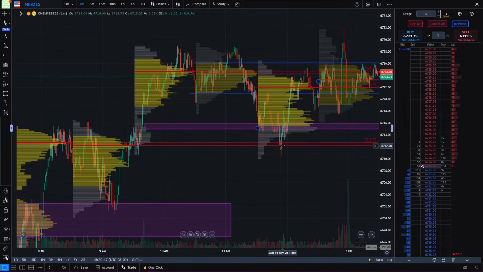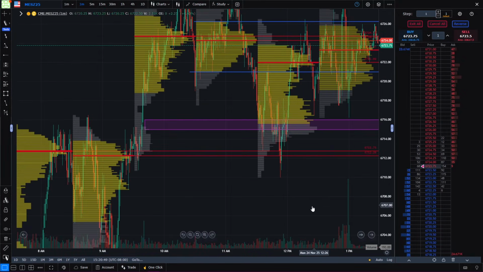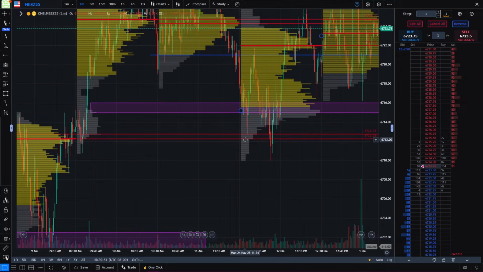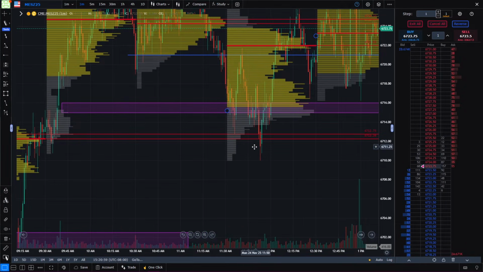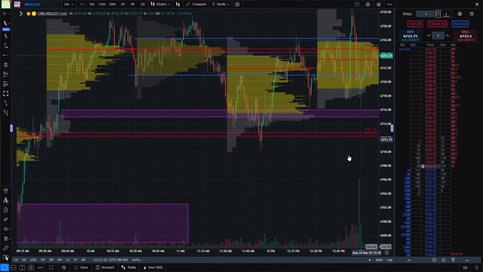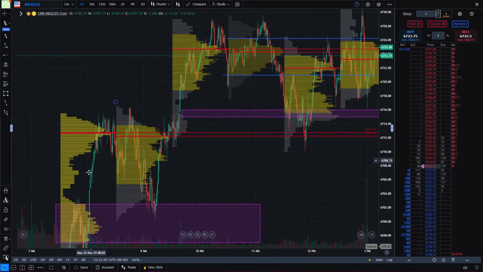Price came down to test it. And when it came down, there wasn't a lot of volume that was traded. So potentially that can tell you that this was rejection. It was short-term price discovery to the downside to see if these other value areas would be accepted again.